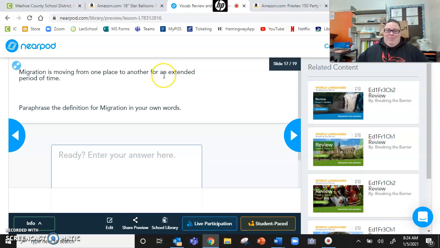No, it's I pick up and I move my entire family, my entire life from one place to the other. You guys know in 2007, I migrated to Mexico. I left my home here in the United States and I moved to a completely different country. And then I moved back. I migrated back. So, migration is moving from one place to another for an extended period of time.